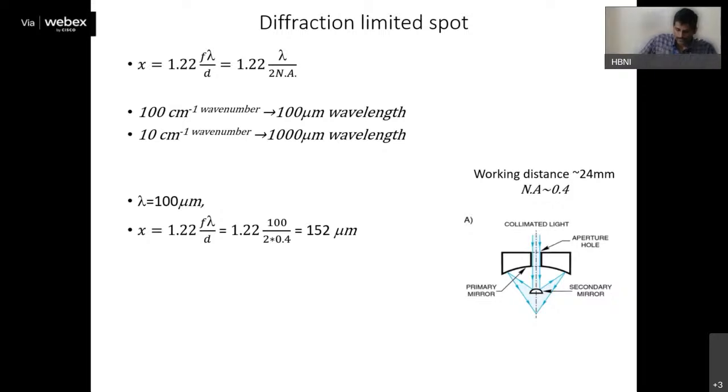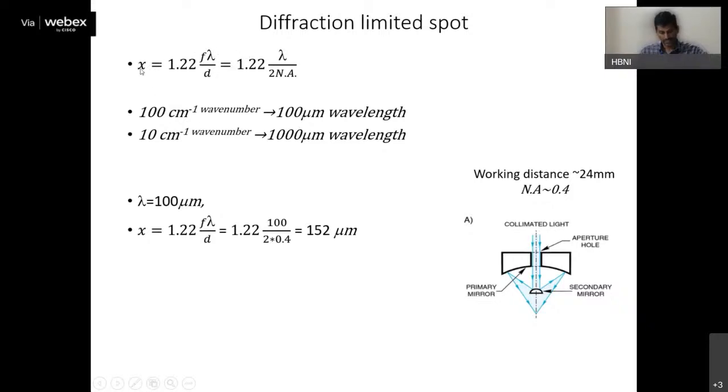The problem comes when one wants to do measurement in the far IR region. Because of the diffraction limited spot size, if one wants to measure below 10 centimeter inverse in a diamond anvil cell, then the diffraction limited spot size is very high.